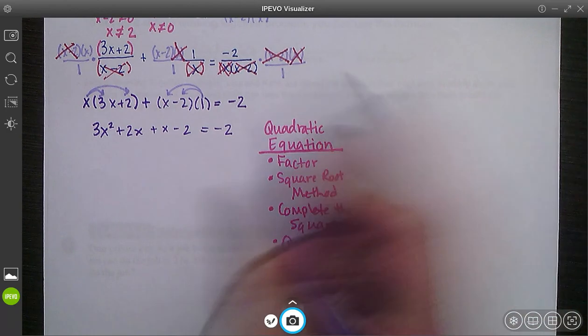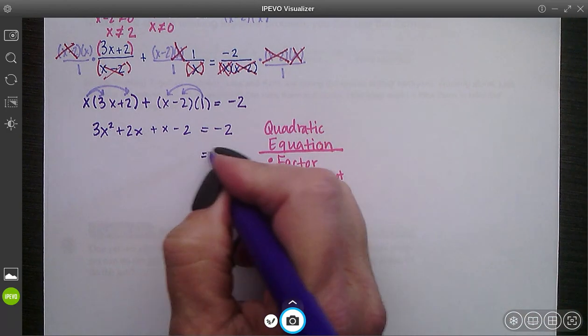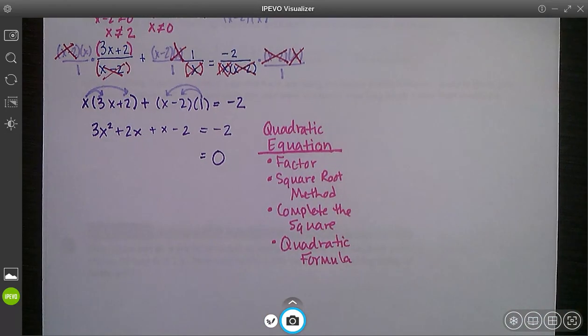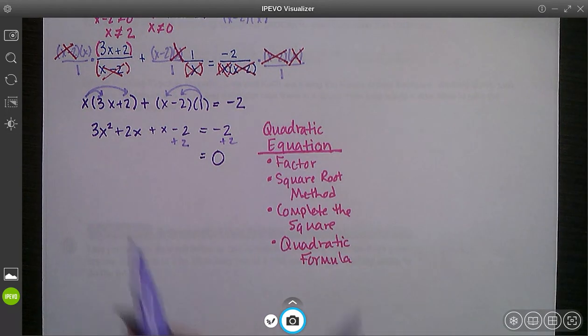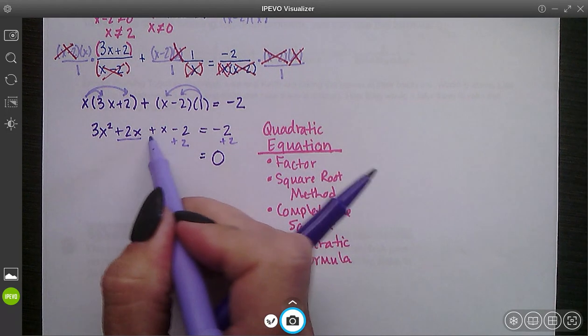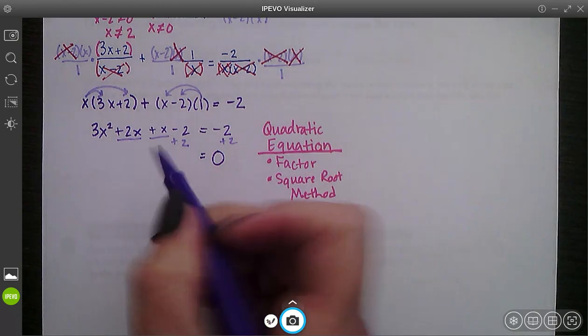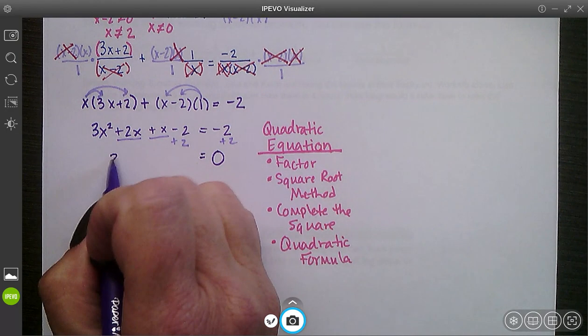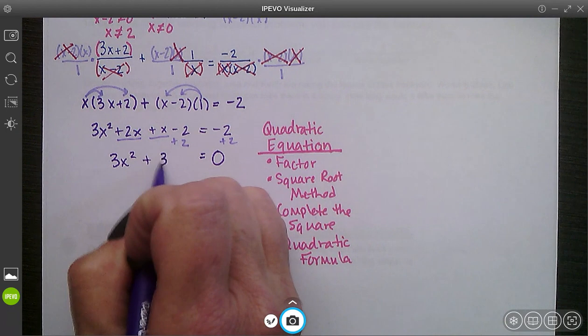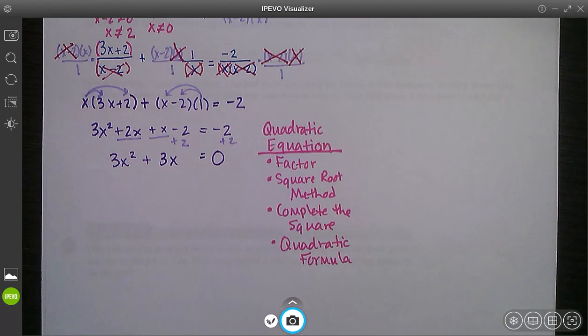So I'm going to go ahead and make this equal 0 by adding 2 to both sides and then combining these like terms. So actually when I add 2 to both sides, that cancels out and I get 3x squared plus 3x equals 0.